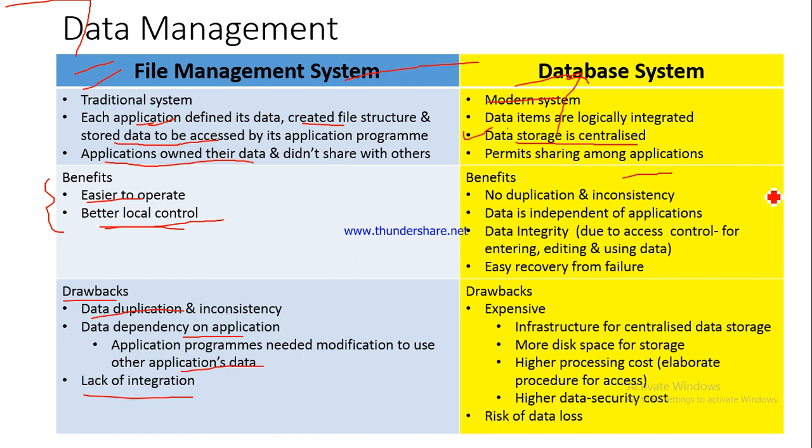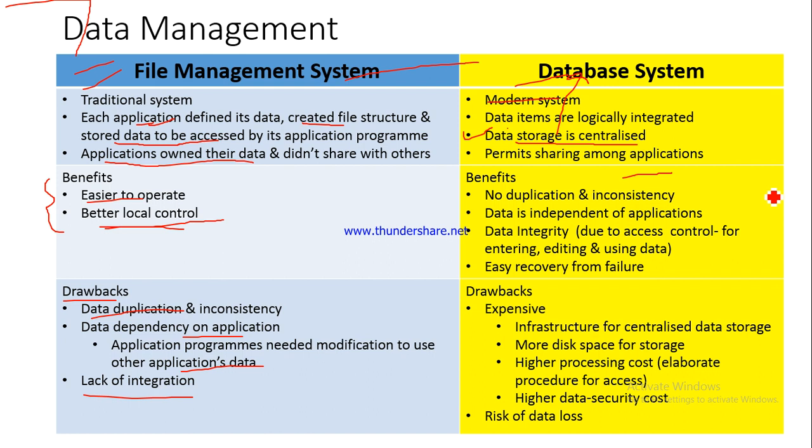So the data was created right in the beginning when you went there and when you opened up your account. Now this addition would take place, that now you also have taken a loan of rupees 5 lakh. So there are no chances of duplication and no chances of inconsistency.